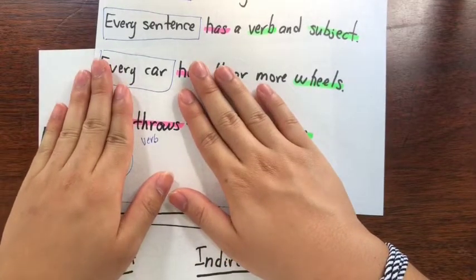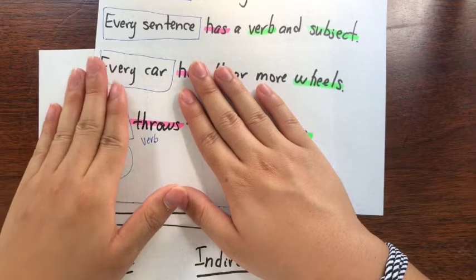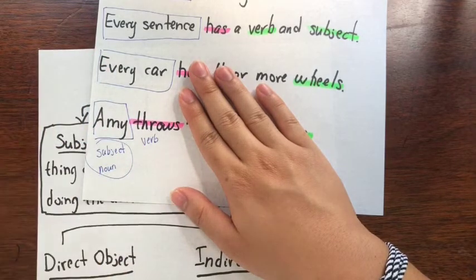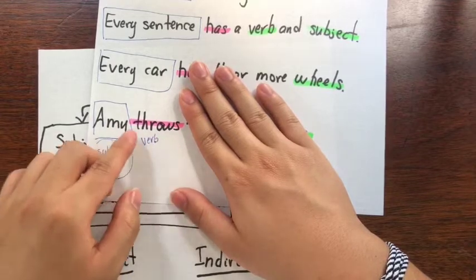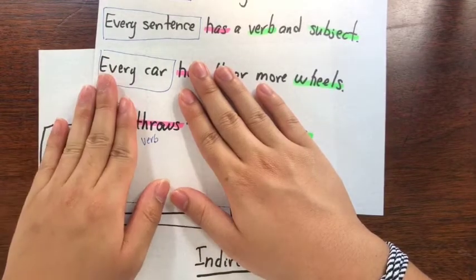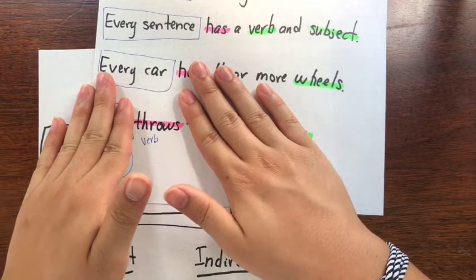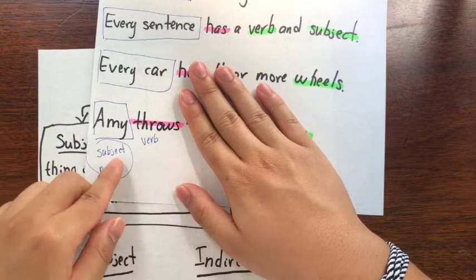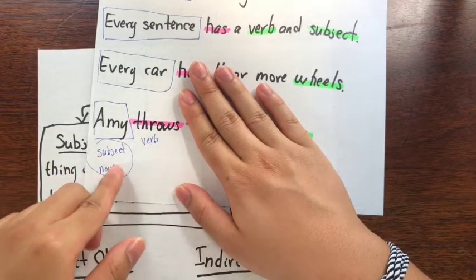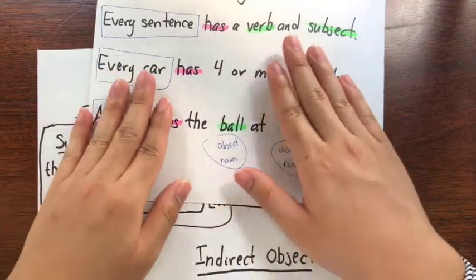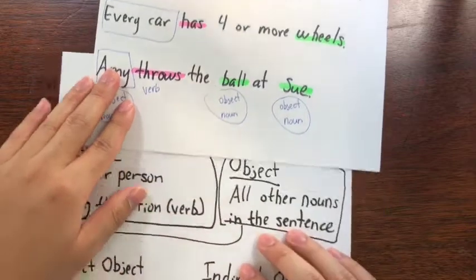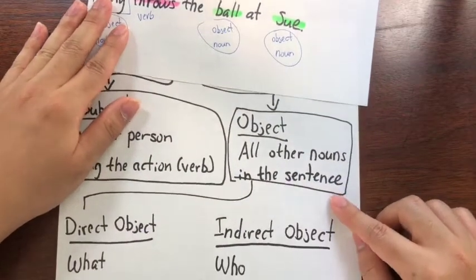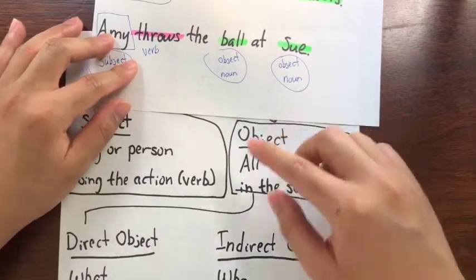Okay, so who throws? Amy. Amy and the verb go together because we have the verb throws, but we need someone to throw. So it's Amy. Amy is the subject noun. And then the nouns ball and Sue are all of the other nouns in the sentence. So they are all objects.